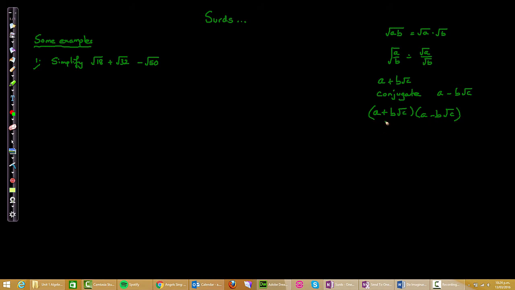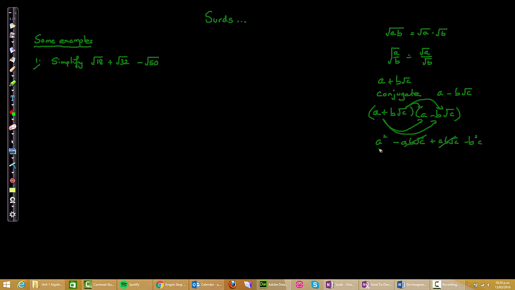If you multiply this out, a squared, and then a times that one is going to be minus ab root c, and then multiplying these together gives positive ab root c, and then this one times this one is going to be minus b squared c.